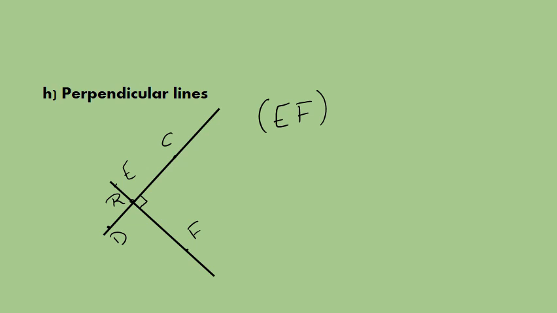It's like a T, but upside down. Yes, so line EF is perpendicular to which line? To CD, at R. Okay. Any questions? No.